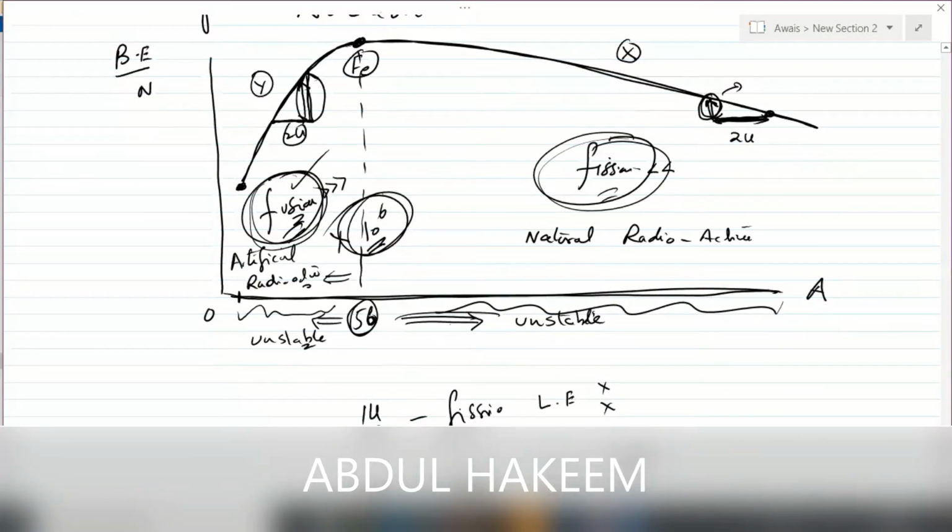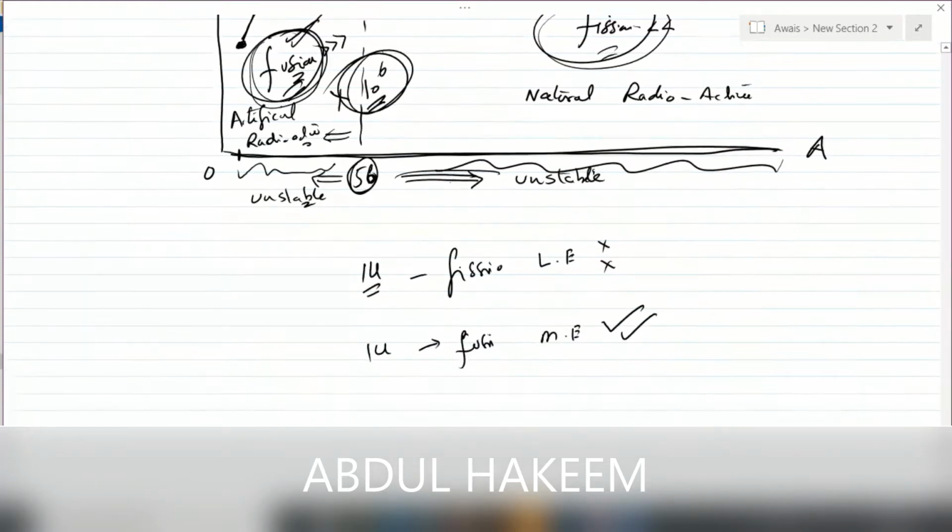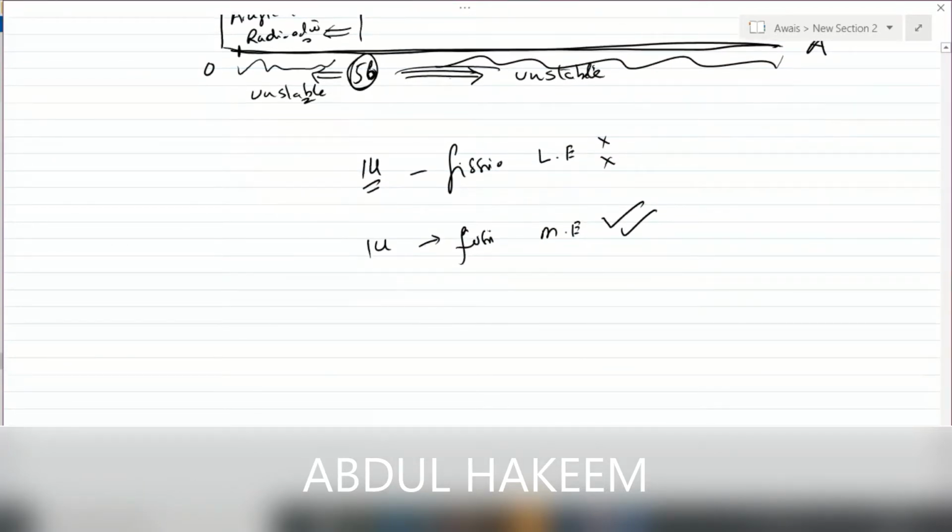And this is artificial radioactivity, and the process is fusion, and the fusion is more powerful because in fusion we have to fuse them together. So more energy is required to overcome their repulsive forces. Otherwise, hydrogen will repel each other, but we have to overcome the repulsion.